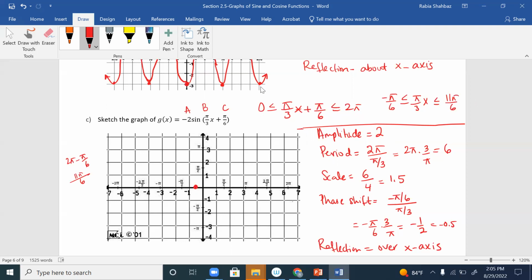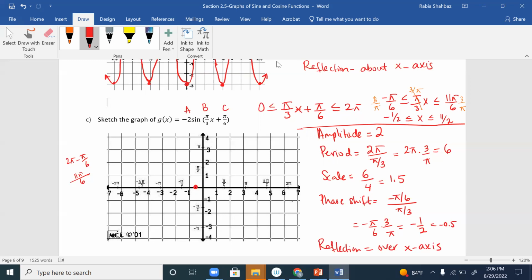And then times 3 over pi everything. So let me see if I can change the color. Times the reciprocal of pi over 3, which is 3 over pi, will just give me x in the middle. And when I multiply out, I get negative half on this side and 11 over 2 on this side. So 11 over 2 is basically 5.5.